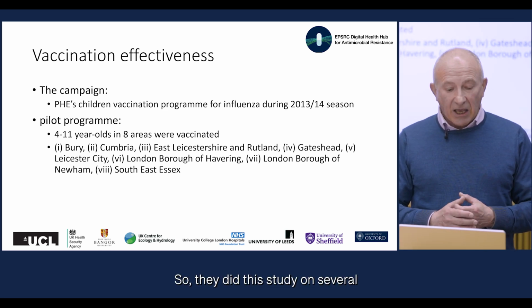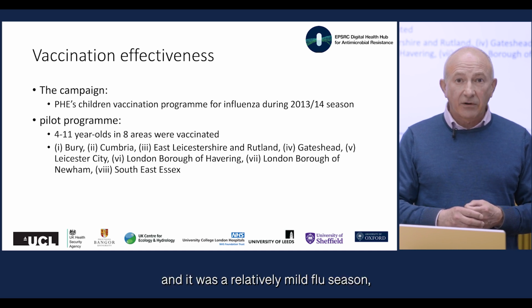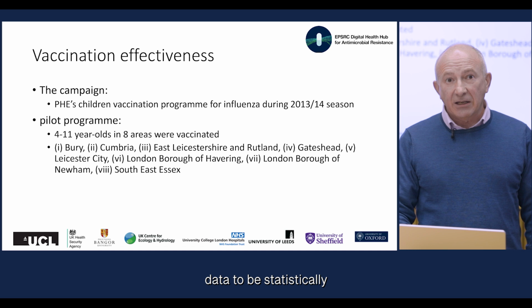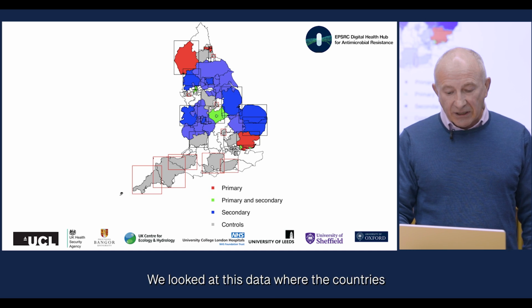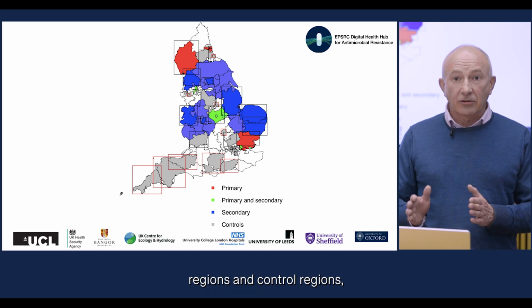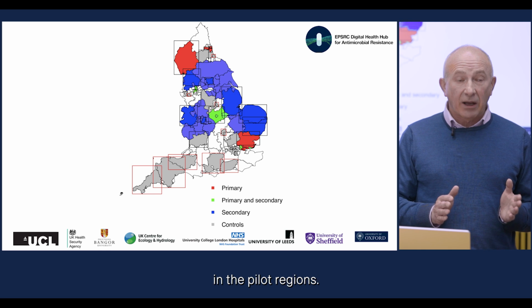So they did this study on several pilot regions, and it was a relatively mild flu season, and they did not get sufficient data to be statistically certain of the outcome. We looked at this data where the country's broken into pilot regions and control regions, where we built models to estimate the prevalence in the pilot regions.